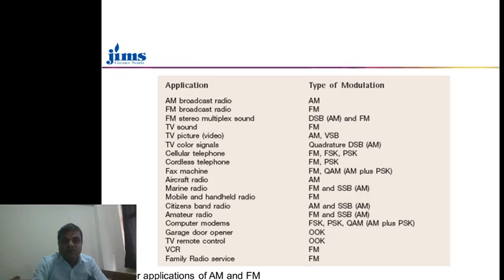Stereo multiplex sound, DSB AM or FM is used. TV sound, FM is used. TV picture, either AM or VSB is used. These are the different applications where FM and AM are used, and it is also clear that FM has a major application in comparison to AM.